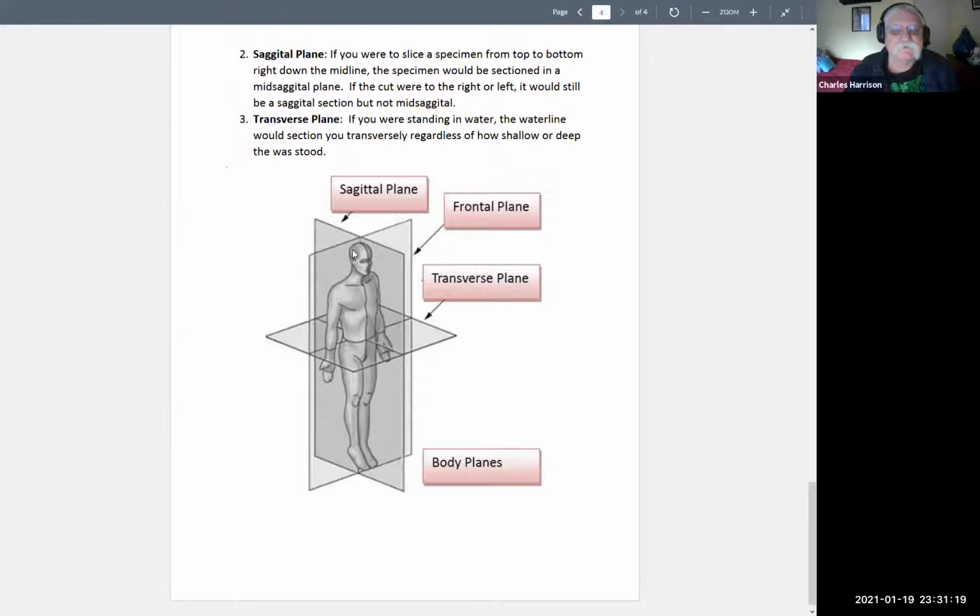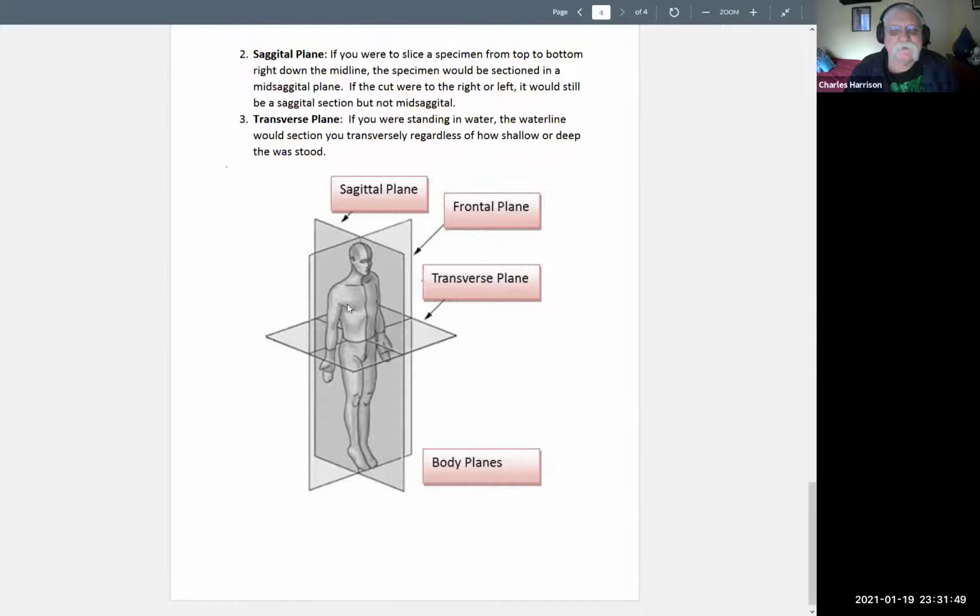Then this person would be sectioned in a frontal plane. If the person was standing waist deep, in this case, in water, then that person is sectioned right here in a transverse plane.